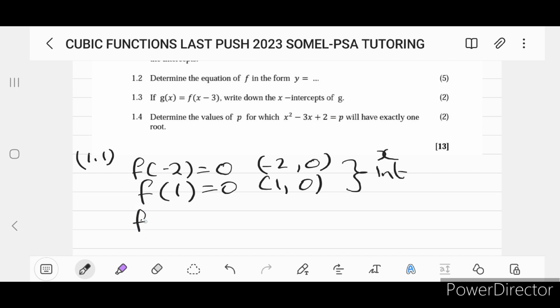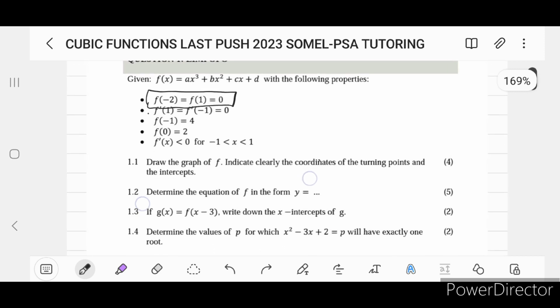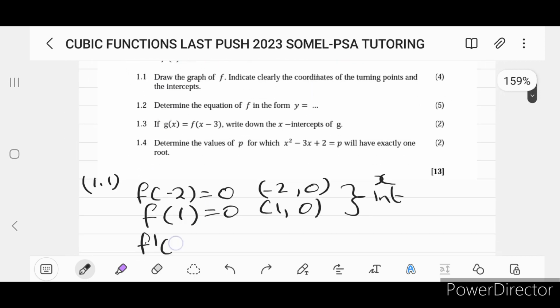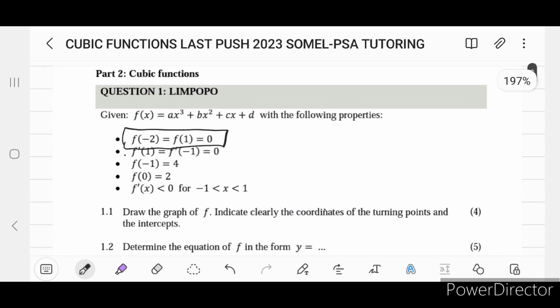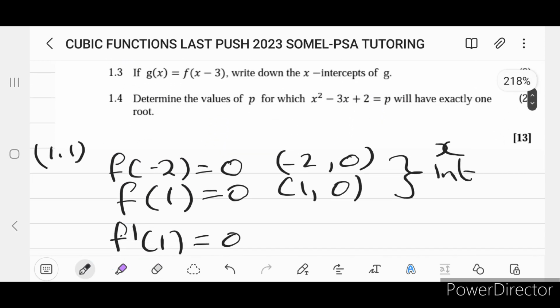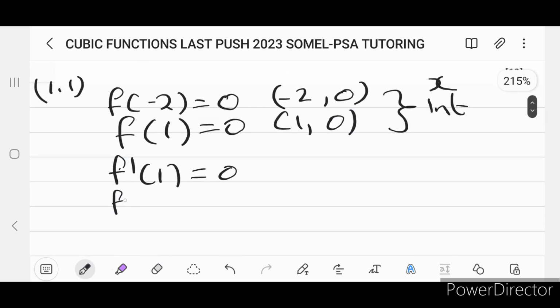The first turning point that we have is x equals 1, so f of 1 is 0. This is the x value of the turning point, and the other one is -1. So f of -1 is also 0. So these are turning points.